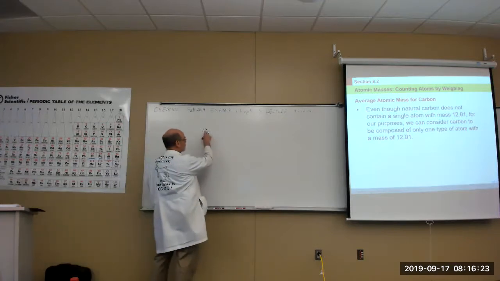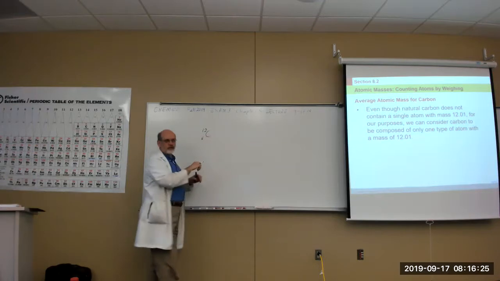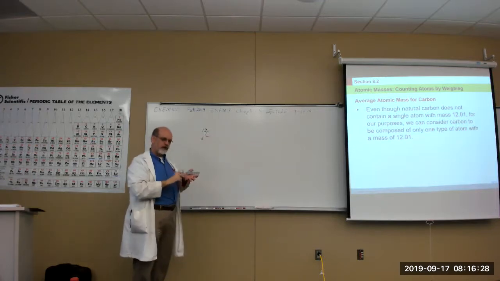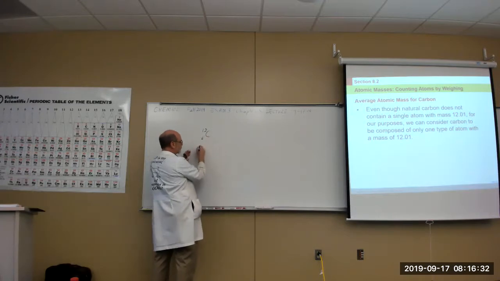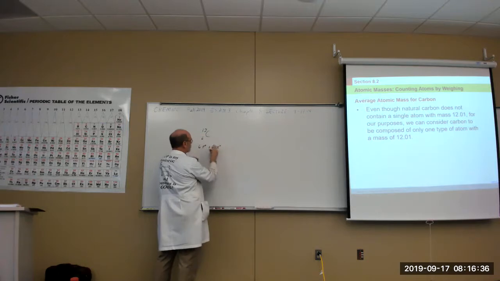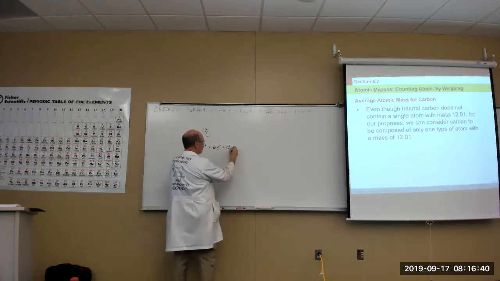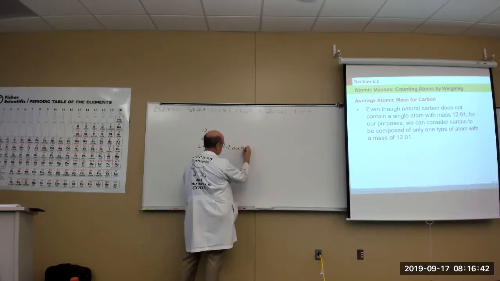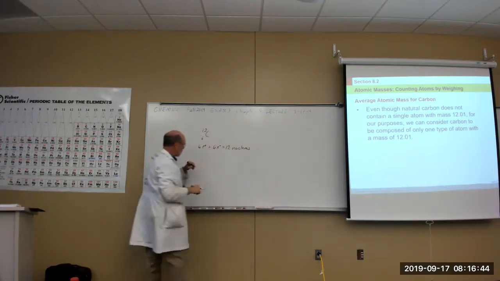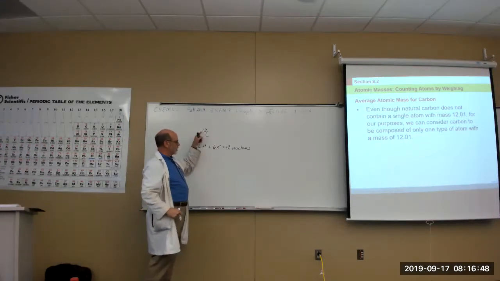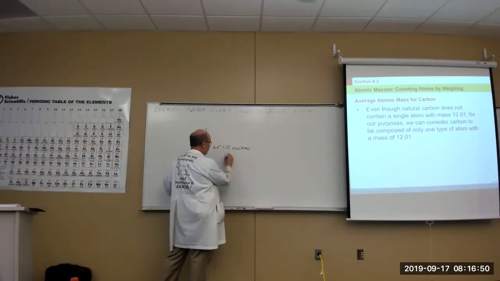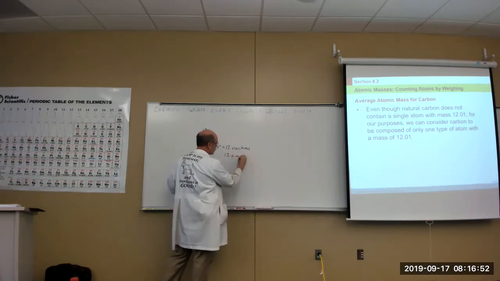So that's 12 called nucleons. That includes protons and neutrons. So this is 12, so it has 6 protons and 6 neutrons to give you that number. So that's 12 nucleons. But we have arbitrarily set this value at also 12 atomic mass units.